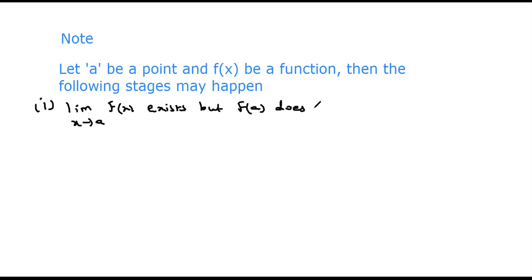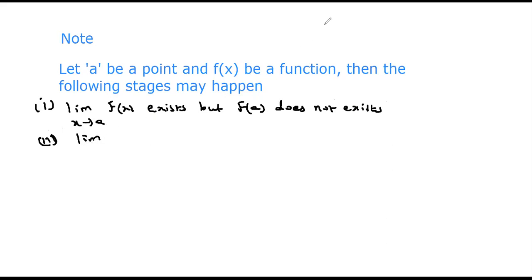Okay, f of a value என்ன வந்திருக்காது, exist ஆயிருக்காது, but f of a does not exist. ஓகேமா? next அதே மாதிரி என்ன இருக்கும் அப்படின்னு சொன்னா, limit x tends to a does not exist but the value of f of a exists. ஓகேமா?